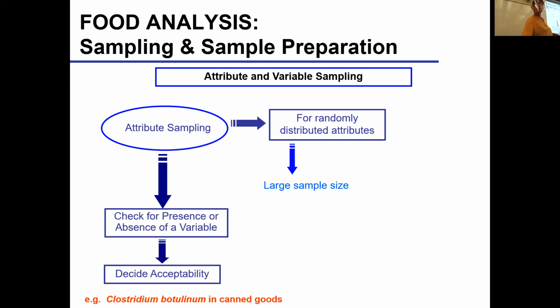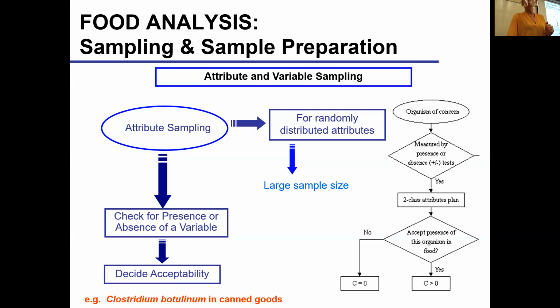So the example here, Clostridium botulinum in canned food, you should have 0 count. Aflatoxins, some aflatoxins are very, very toxic. You should have 0 count. Some others, you can have a certain amount or less to be acceptable. So usually if you have an organism of concern or a toxin of concern, it's either present or absent.